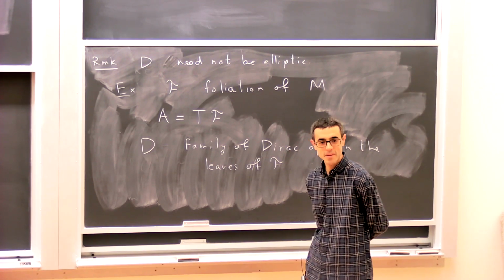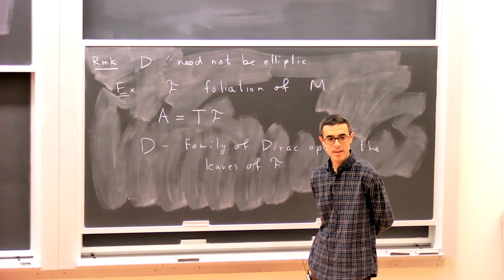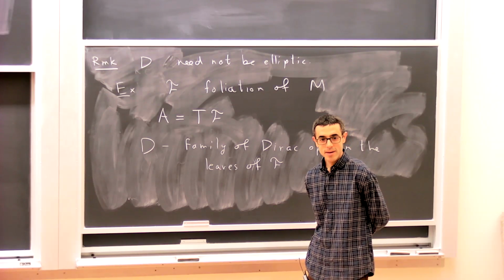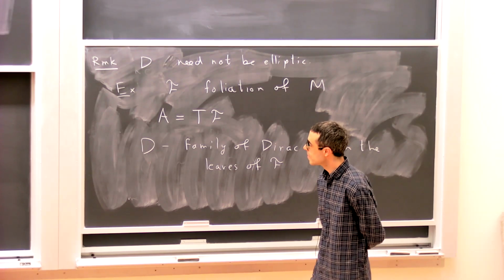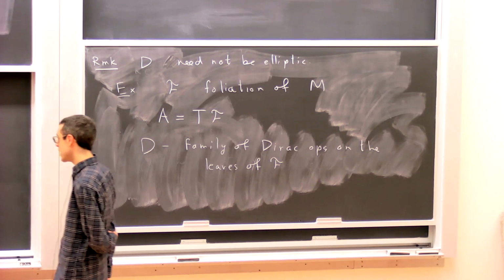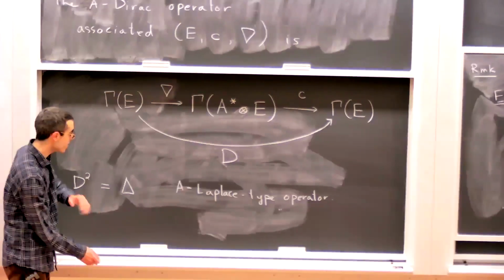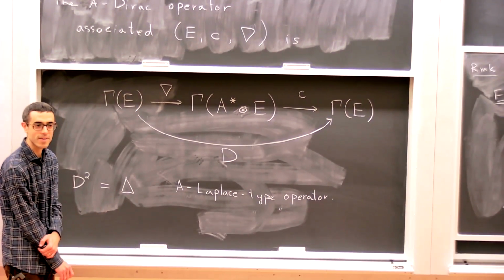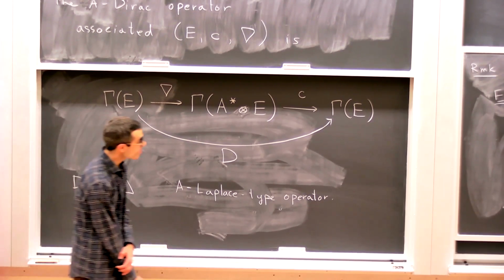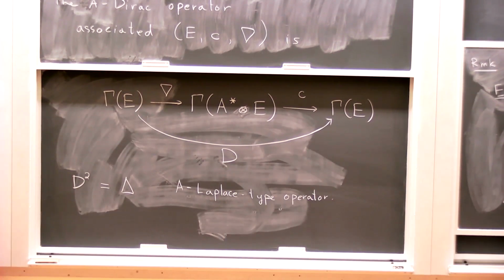Is there a sense in which it is partially elliptic, or elliptic in some direction? I think of it a little bit informally, maybe not quite correctly, as differentiating along the orbits of the Lie groupoid action. Well, maybe there's a better answer to that question.